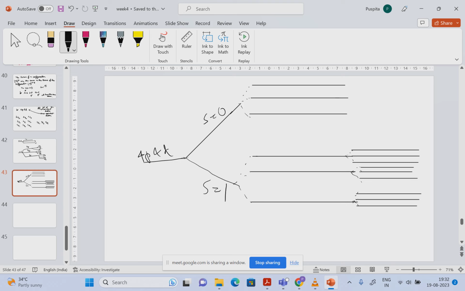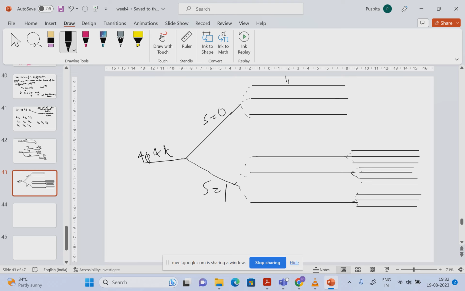This is the S is equal to 1 line. This is 1P, 1D, 1F.